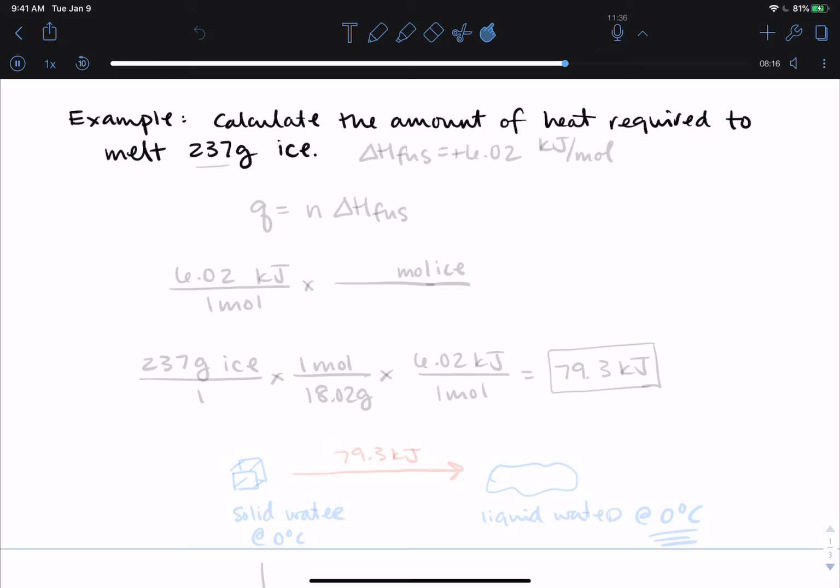And we have the delta H of fusion for ice, which is our 6.02 kilojoules per mole.